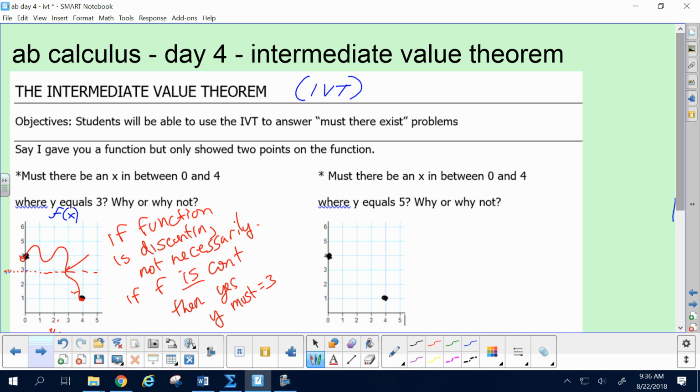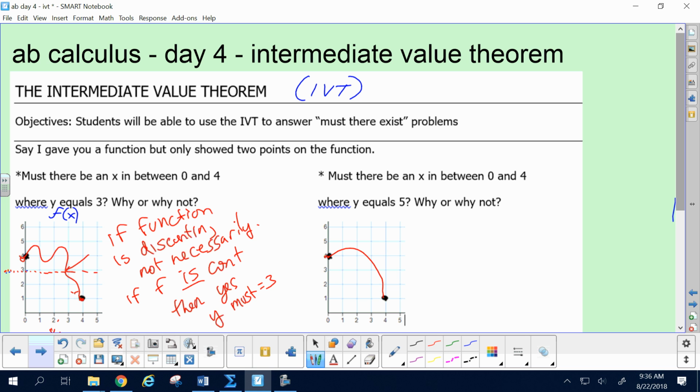No, not necessarily, because why? Just shout it out. It doesn't have to pass through 5 because what? How come 3 was a yes, but not 5? Because what? Negatives. Okay, so what about positive slope? Don't worry about the slope. What about this?